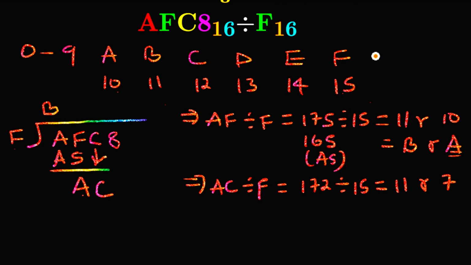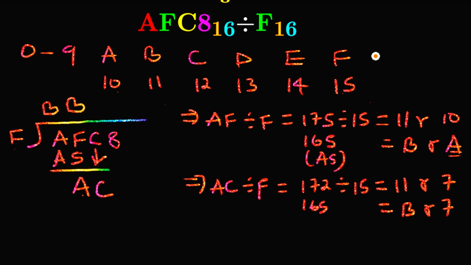So it goes here 11 times, which is the same as 165. In hexadecimal, 11 is the same as B. So it goes there B, remainder 7. So it goes into 172 11 times, which is the same as 165.